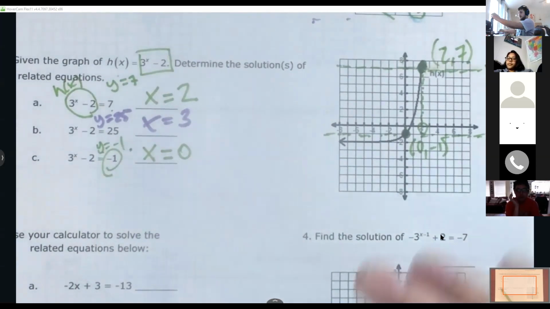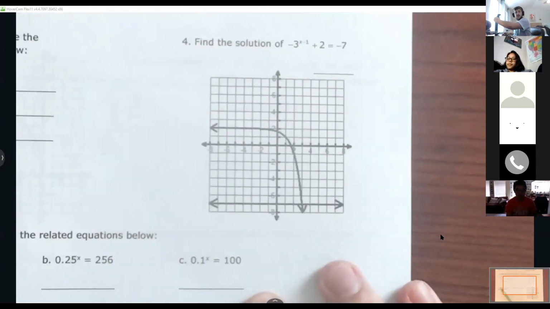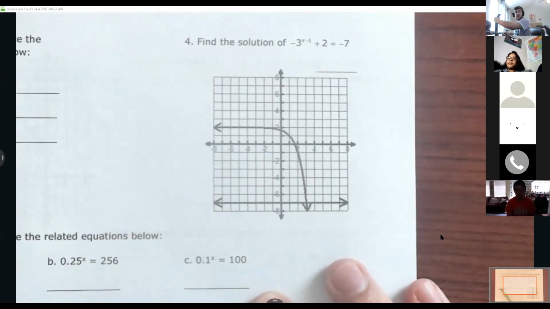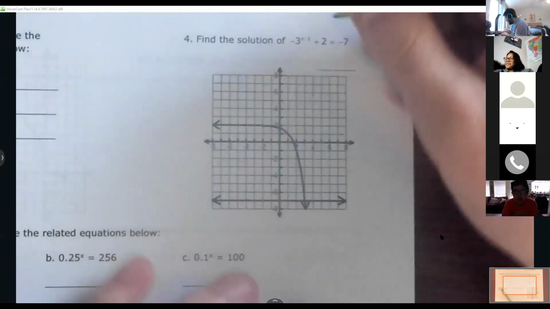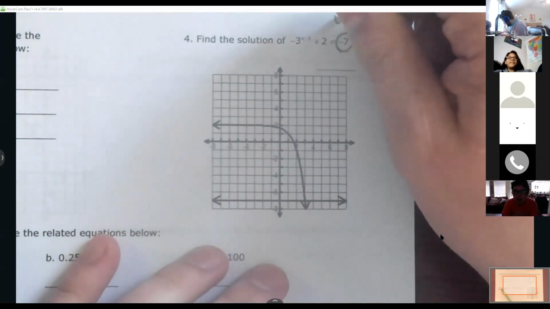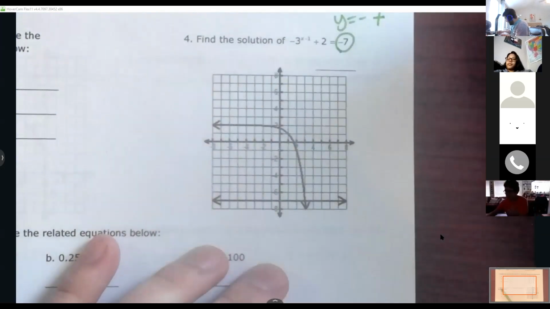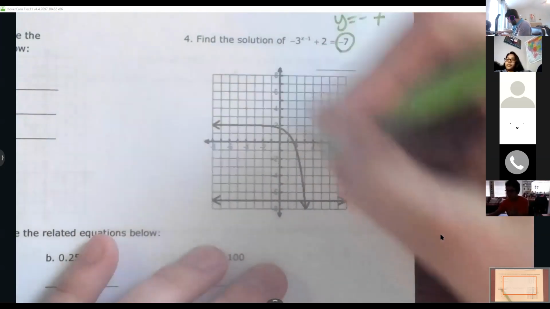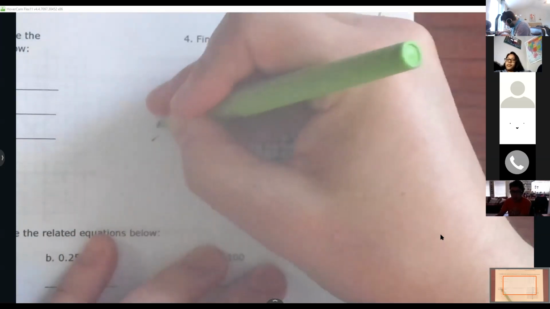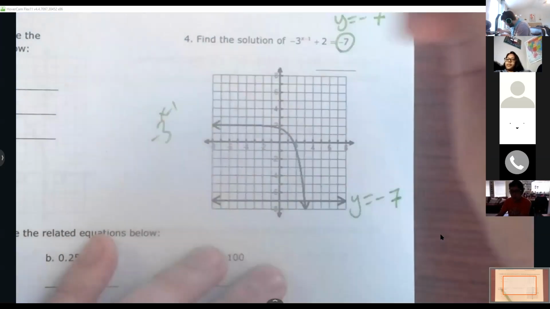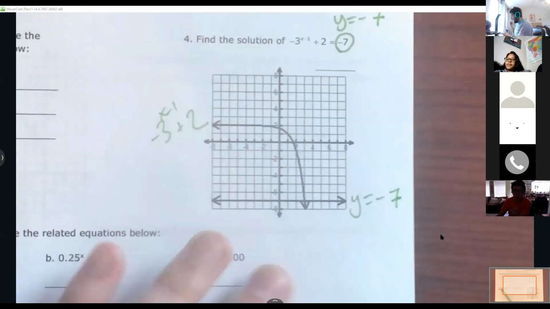Let's move on to this one here. This one says find the solution of the equation equals -7. Here's our graph, and here's y equals -7. Here's our graph, -3 to the x minus 1 plus 2.